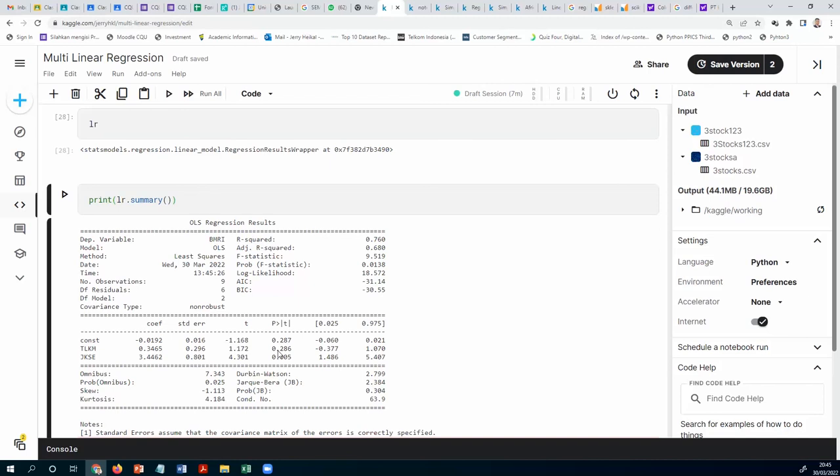So Telkomsel does not have any relationship with Mandiri. It did not influence the price of Mandiri, did not influence the return of Mandiri. So we can drop Telkomsel here because it is not below 0.05. So we can abandon this. R square is 76%, but adjusted only 68%, because of the significant variables only.